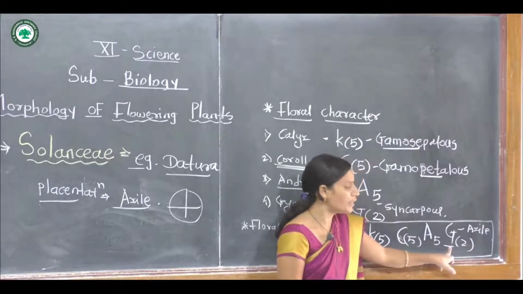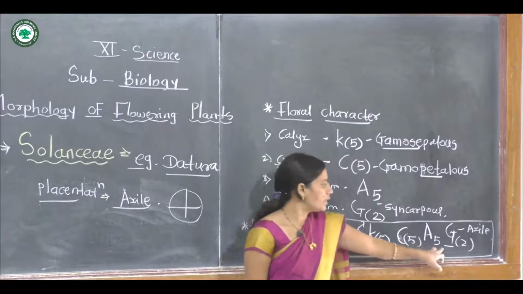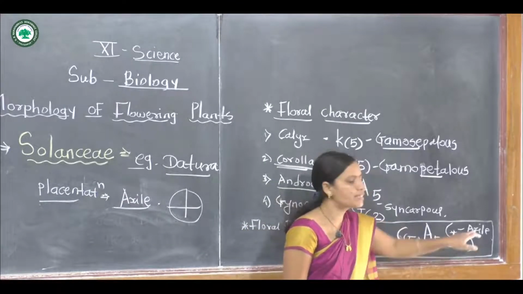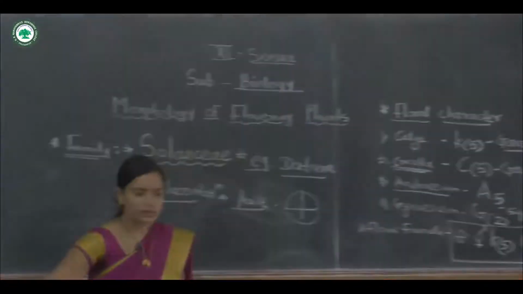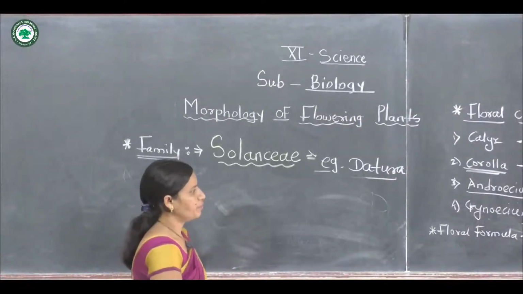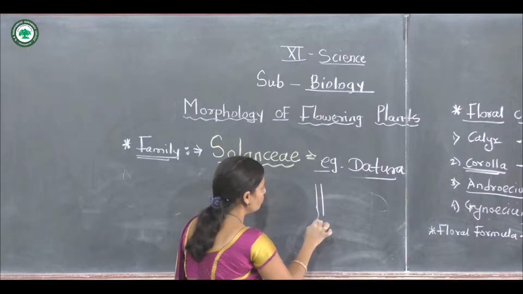This symbol indicates the superior ovary and axile placentation. A superior ovary means the position of the ovary relative to the calyx and corolla; these floral parts are below.